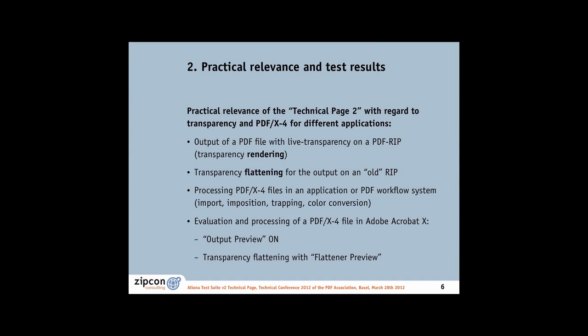And the other one is transparency flattening, which is the feature, as you may know, that is used to do the flattening once the file has to be processed on a system that does not support live transparency. So these are some of the applications. You may have some others in mind when you use the Altona test suite.